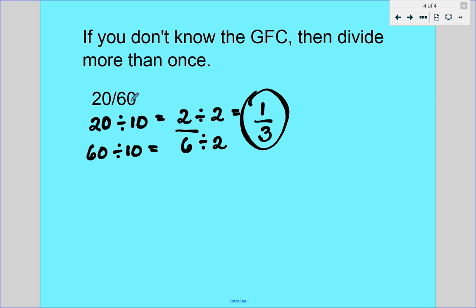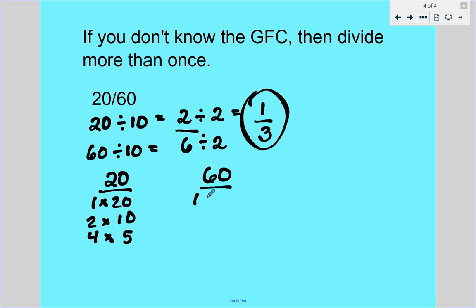Now if we try to use the greatest common factor, I'll put my 20 over here and my 60 over here. I would have 1 times 20, 2 times 10. Can't do 3, can do 4 times 5. No 6s, no 7s, no 8s, no 9s. And I already have a 10, so those are my factors for 20. Over here I have 1 times 60, 2 times 30, 3 times 15.